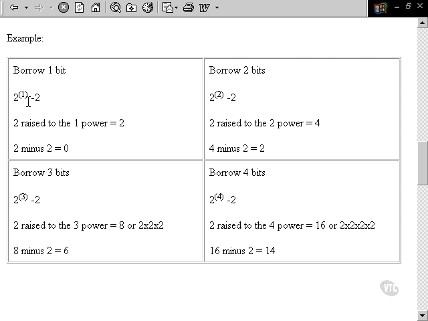Let's look at an example. Borrow 1 bit: 2 raised to the 1 minus 2. 2 raised to the 1 power equals 2, and 2 minus 2 equals 0. 2 bits, like I was saying before: 2 raised to the 2 power is 4, minus 2 equals 2.